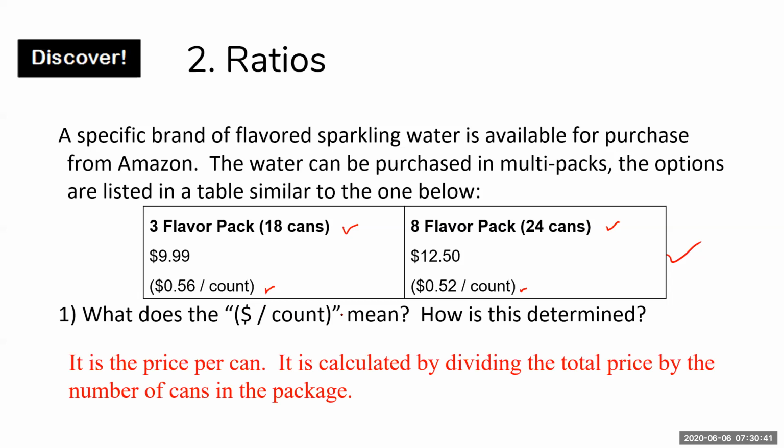It means division. So it is calculated by dividing the total price by the number of cans. So if you went to the grocery store to buy anything and you want to know the cost per can, the unit price, just divide the whole cost by the number of quantities you have in that particular item you want to buy.